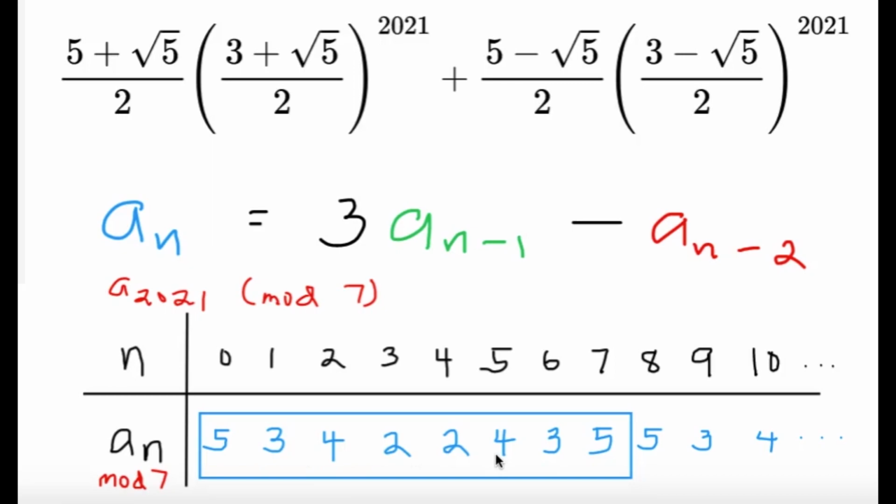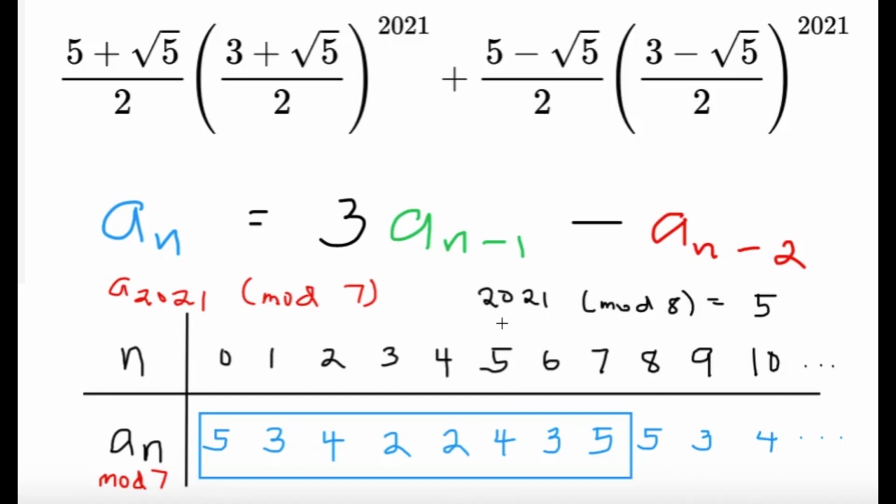So we just have to check modulo 8. Since we know that 2021 under modulo 8, you guys can work out the maths here, is equal to 5, we just compare it with 5 modulo 8.